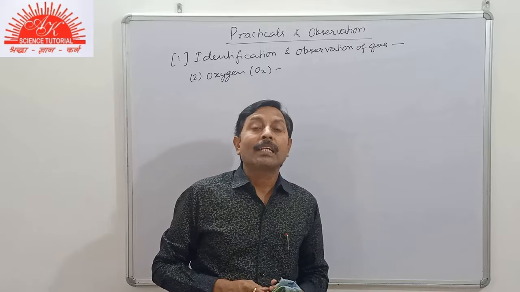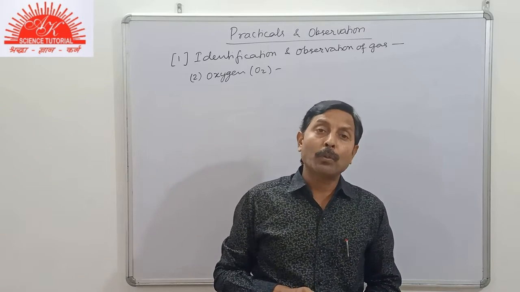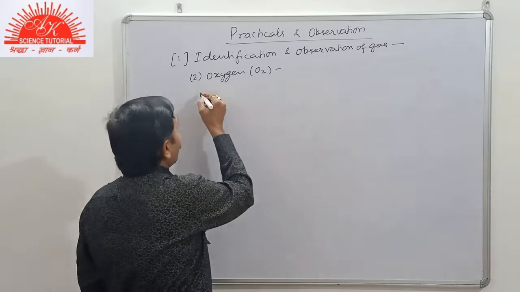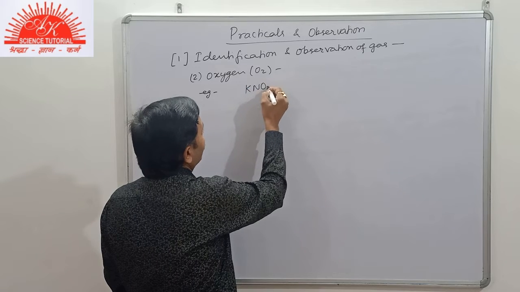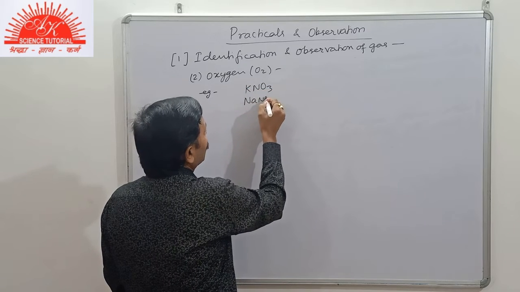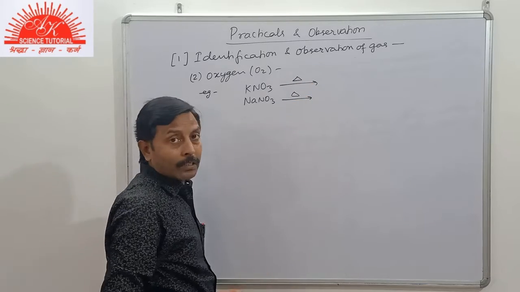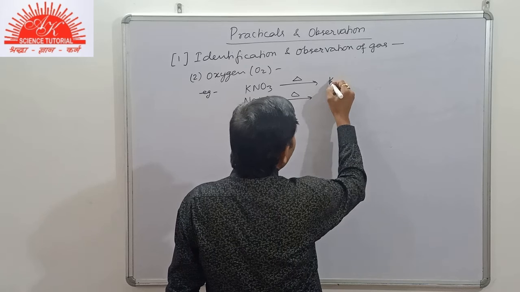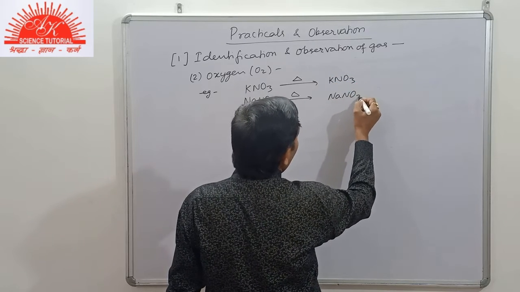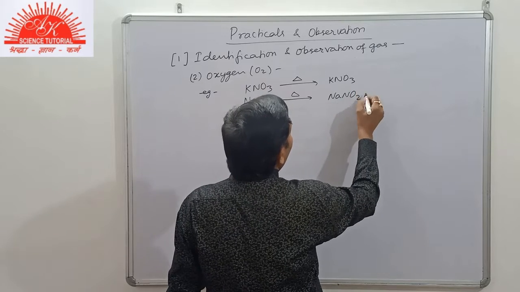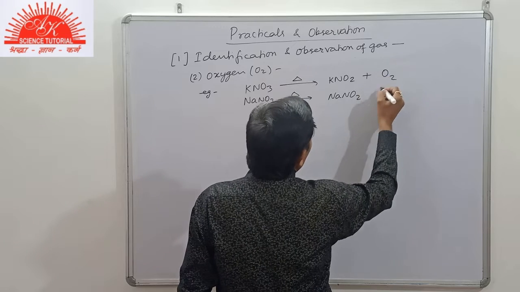So in that case, we will have to write its observation. Like for the oxygen gas, now you write potassium nitrate or sodium nitrate. When they are heated, they decompose partly, giving their nitrite plus O2.